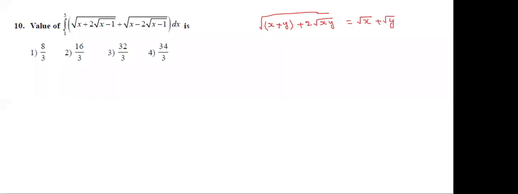This is actually in front of these two, plus or minus is there: plus or minus root x plus root y. If there is a minus here, here also minus will come. And remember here, x is greater than y.